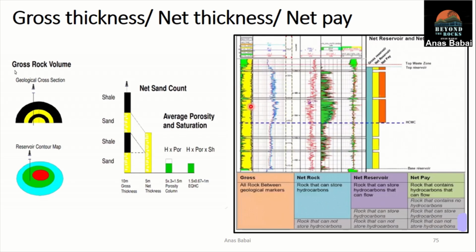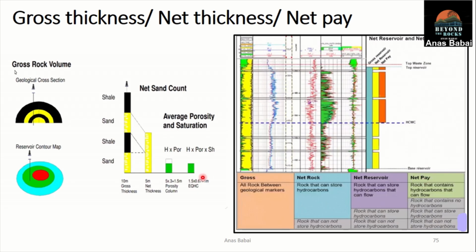It should have porosity above 20%, volume of shale less than 30%, and water saturation less than 25%. Only those intervals that have those criteria will be considered as a pay zone, which is a zone that contains hydrocarbon, and the hydrocarbon in this zone is producible. It can be taken out.